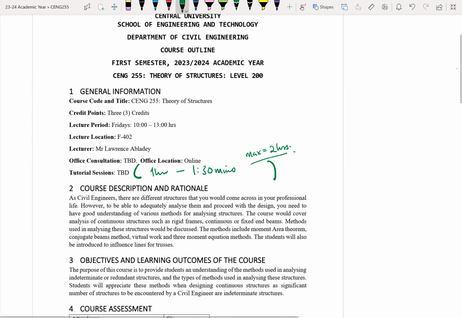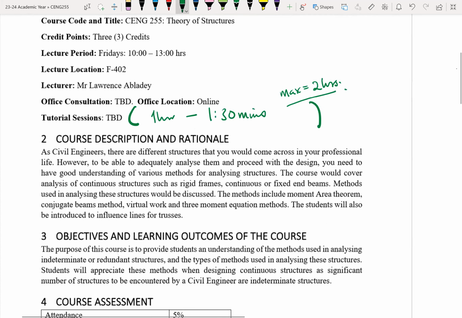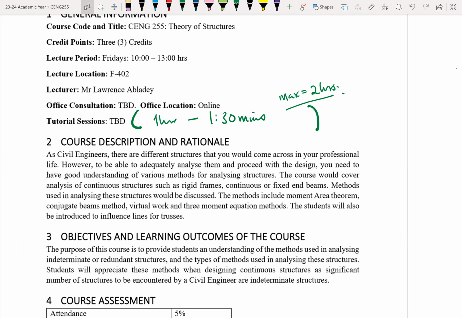So why Theory of Structures? Why do we need to study Theory of Structures? As a course, it is part of a broader structural analysis component.